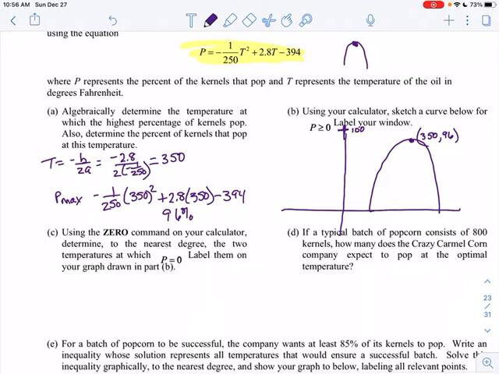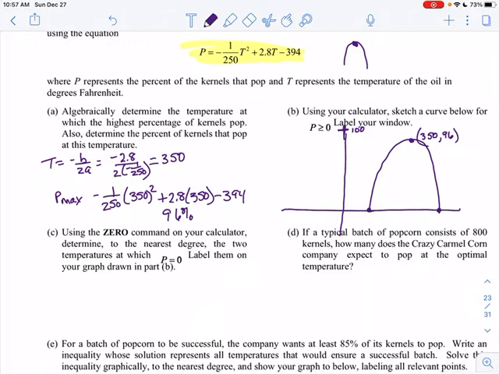All right, I'm going to change my x from 0 to, let's say, 700, because 350 is sort of in the middle right there. And I'm going to change my x scale, which is normally 1. Let's go by tens just so I can see this on my calculator. I'm going to leave my y minimum as negative 10 only because I do want to see a little bit below the x-axis, because I'm going to have to find these points right here, the points of intersection.